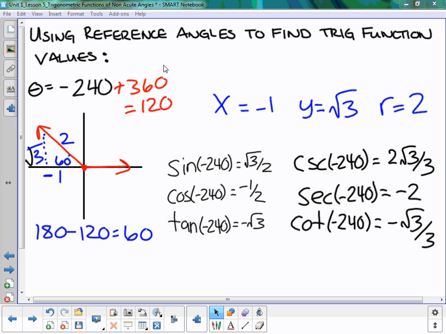Okay, so you used a reference angle of 60 to get your answers, and you also used that we're in quadrant 2 to determine what's positive and what's negative. But when you give me your final answer, you should be telling me that you just found the sine of negative 240, the cosine of negative 240, the tangent of negative 240. So refer back to the angle that we started with, because that's what we were originally trying to find.